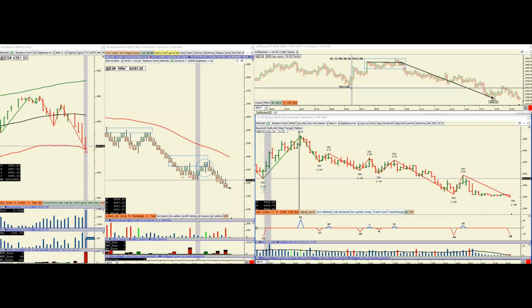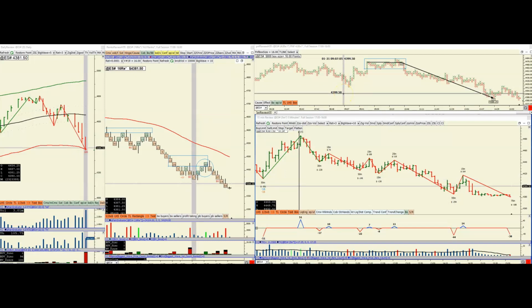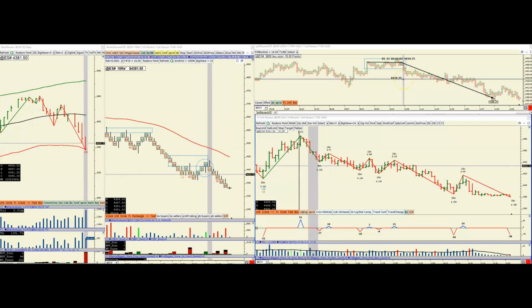I want there to be enough distribution to say, yes, we have enough juice to project a break of the low. I want to see a break of the low so I can target it.